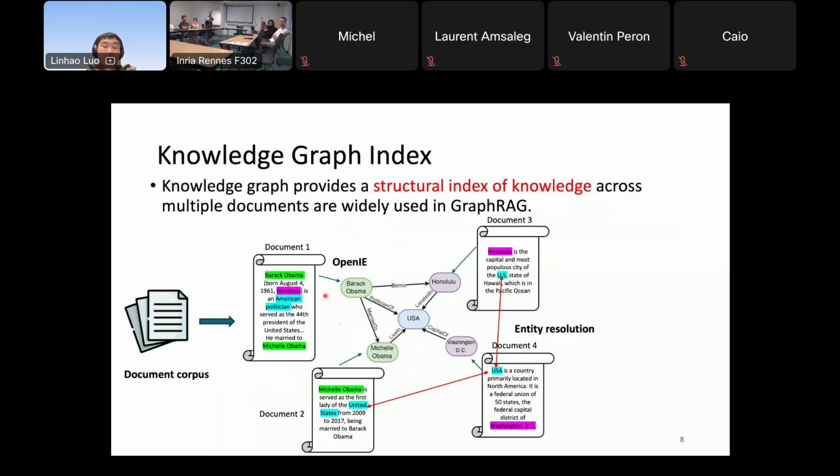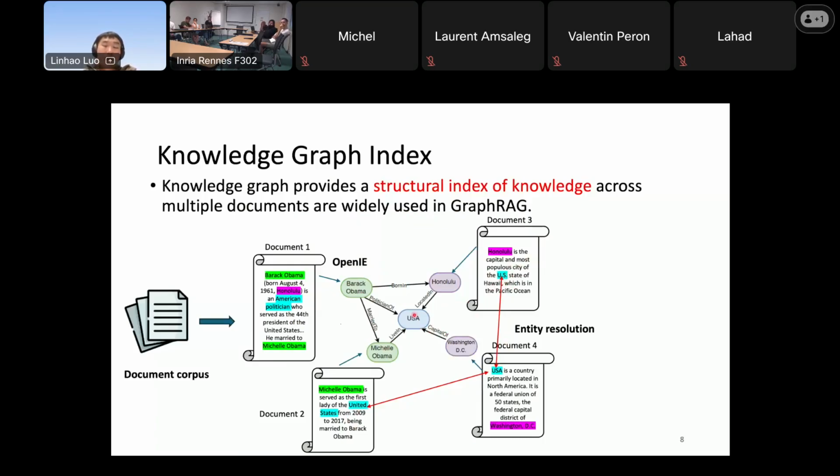Then we can see that even though these facts are separately stored in different documents, in the knowledge graph space they are densely connected, which helps us better capture the relationship between the documents. For example, even though the United States has been mentioned in different documents separately, in the knowledge graph they can be mapped into the same entity. And lots of relevant facts related to the United States can be closely identified from the knowledge graph.